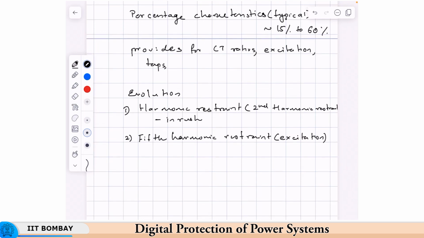So this is provided, and instead of a fixed percentage differential characteristic, you provide a variable one, because for a large through fault current, the CT could saturate.